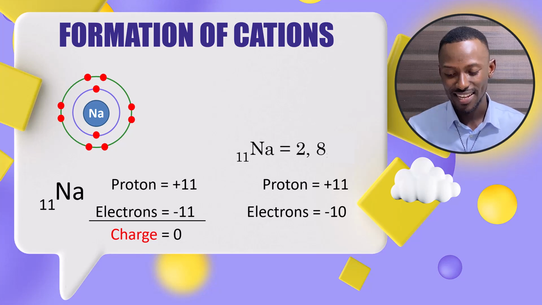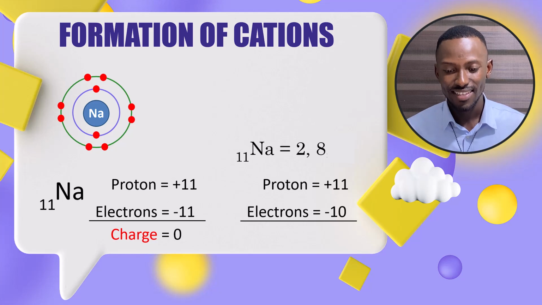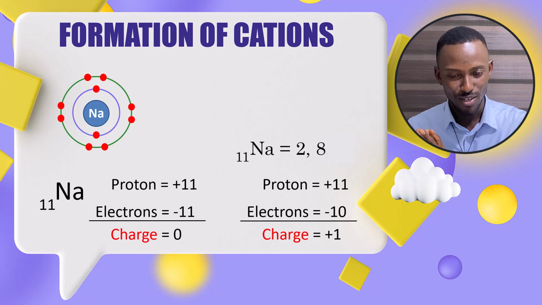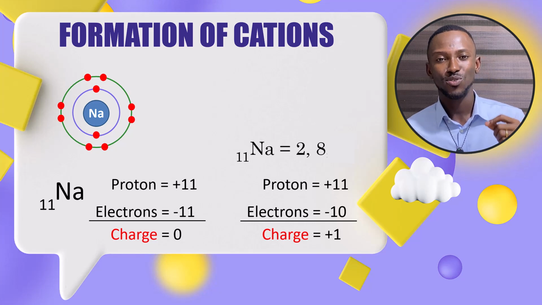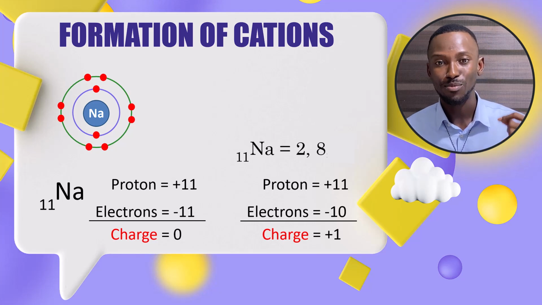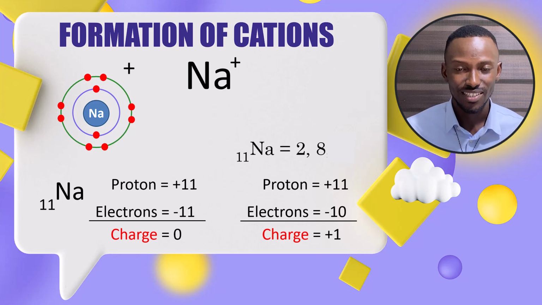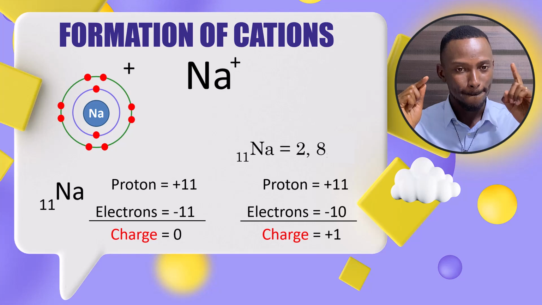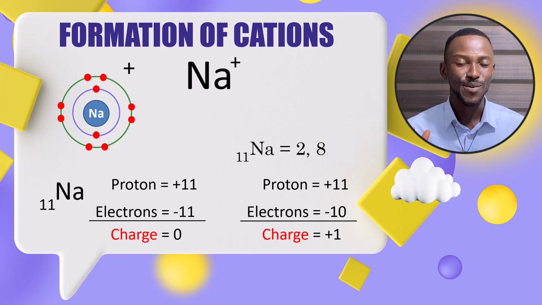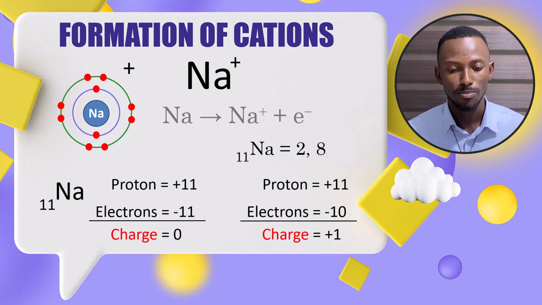So plus 11 minus 10 gives us a net charge of positive 1. So when sodium loses its outermost electron, 1 electron, it forms a cation, that is Na+. So this is how the cation of sodium is formed.